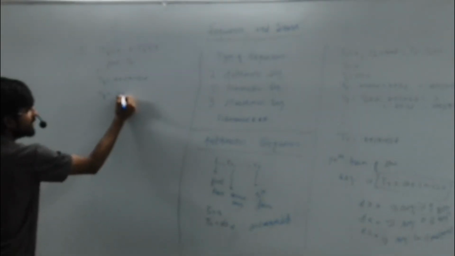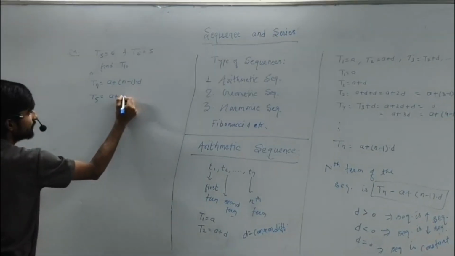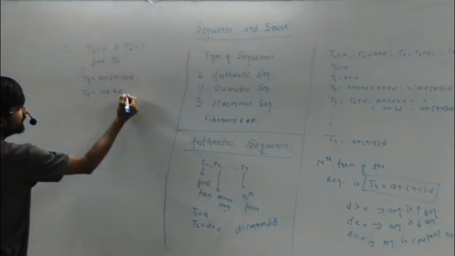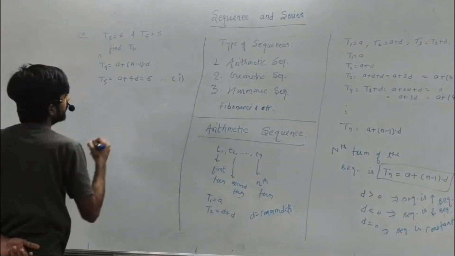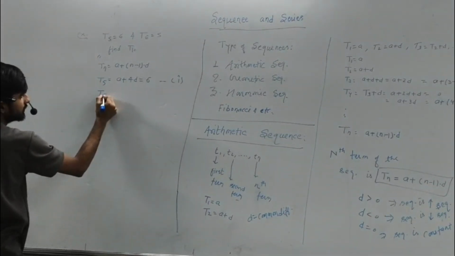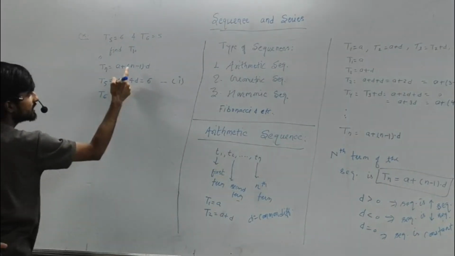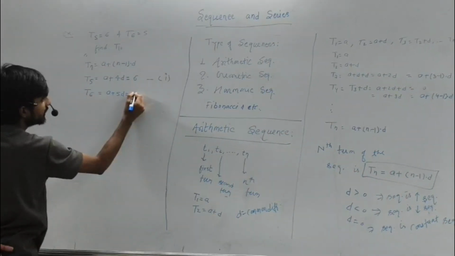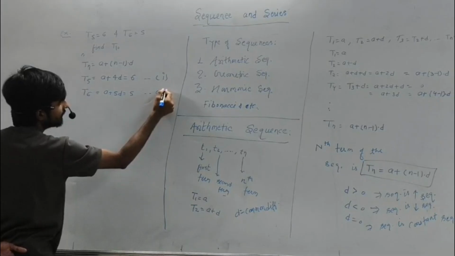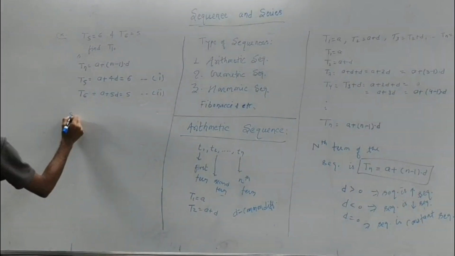Here n is equal to 5. Then A plus 5 minus 1 into D, that is A plus 4D, which is given as 6. This is our first equation. Now T6, that is A plus 6 minus 1 into D, that is A plus 5D, which is given as 5. Second equation.